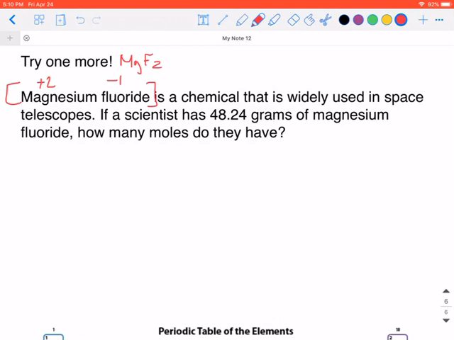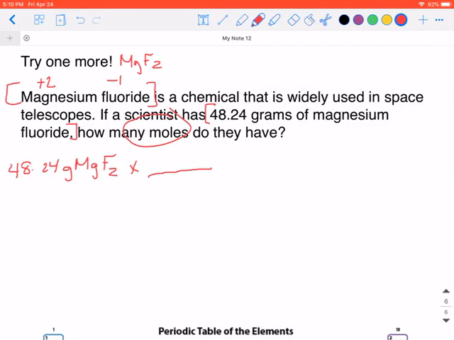So, what I'm given to start, I have 48.24 grams of magnesium fluoride. So I'm going to do 48.24 grams of MgF2, and in the end, I want to know how many moles of that is. So I'm going to do times in my line.